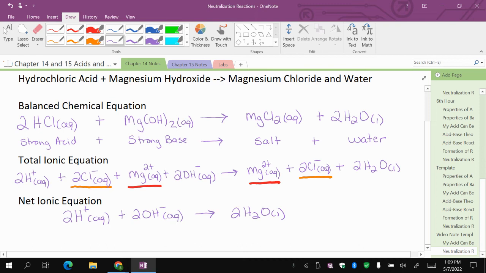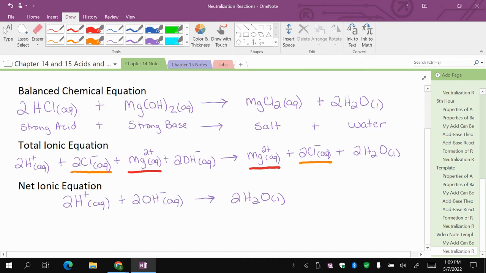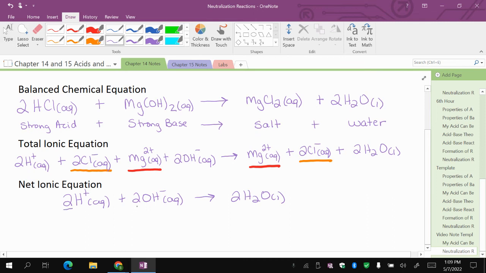where we have hydrogen ions plus hydroxide ions forming water. And if you notice, the coefficient of 2 is in front of all of those, so I can reduce that.